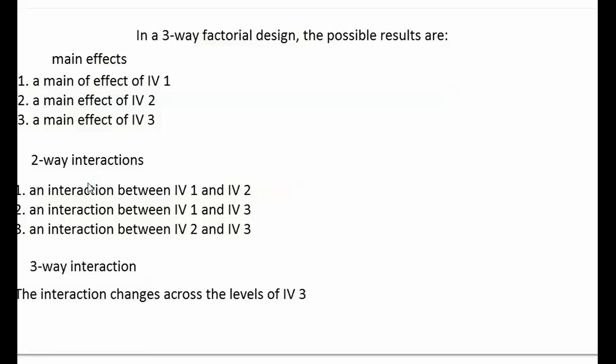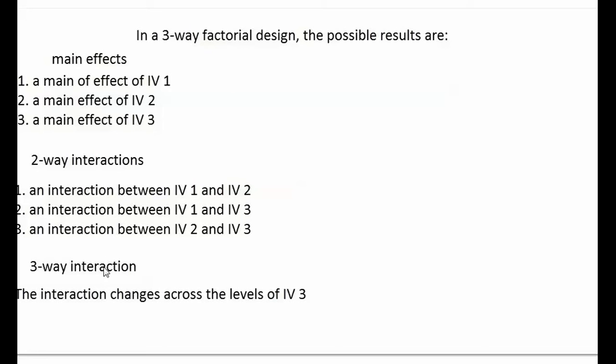You can find some two-way interactions. A two-way interaction is just a basic interaction between two independent variables. It's the type of interaction we covered first. So you can have an interaction between IV1 and IV2, between IV1 and IV3, or between IV2 and IV3. These are all just interactions between two independent variables, which are two-way interactions.